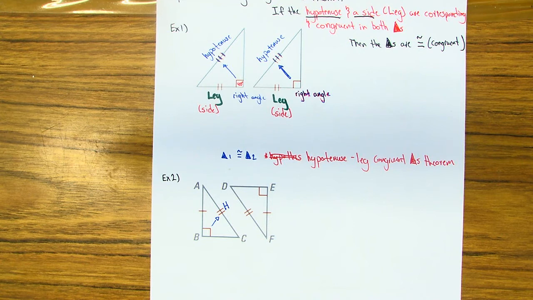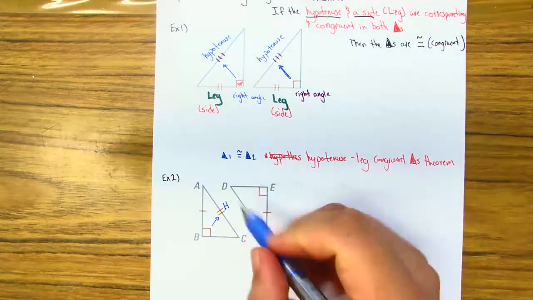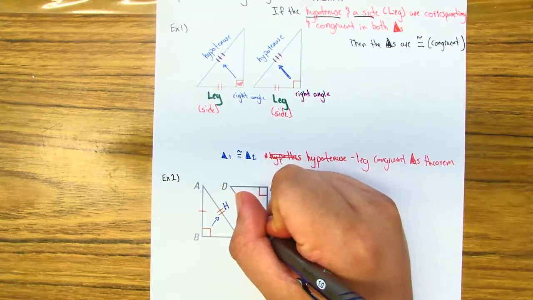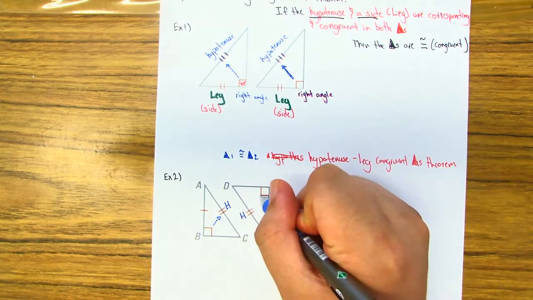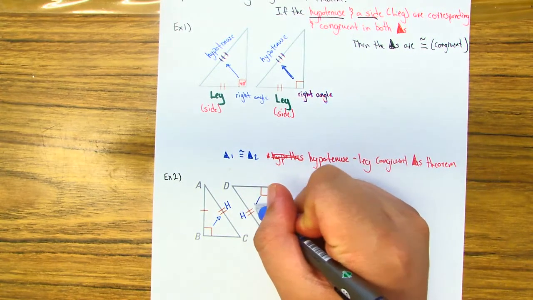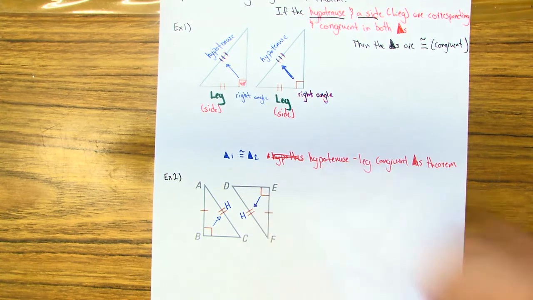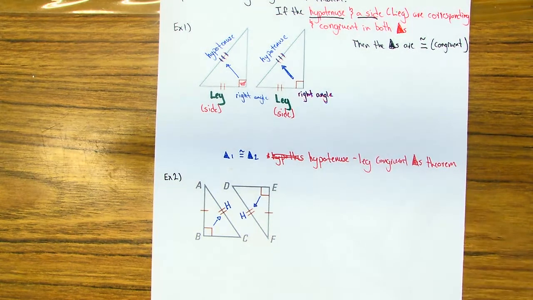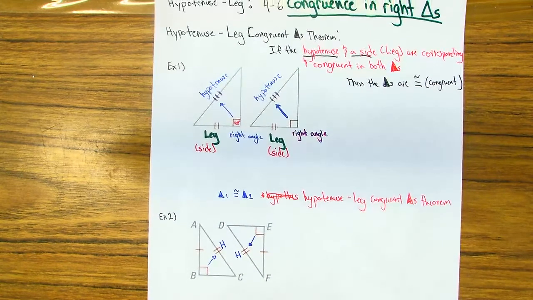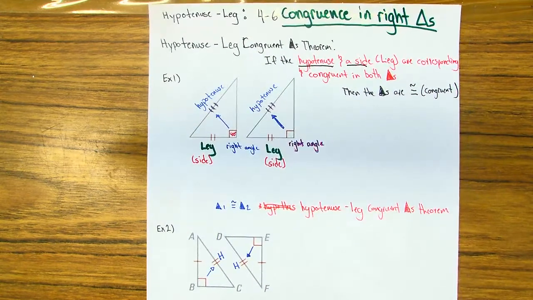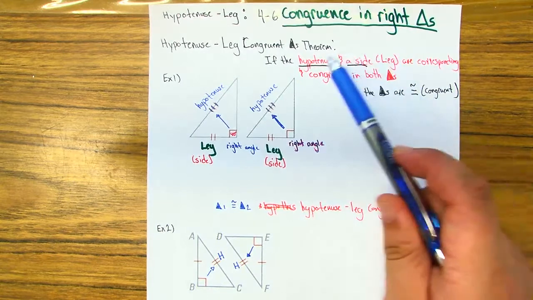Okay, we'll show the responses now. Nice response rate. I like it. Our next one here, the hypotenuse is DF. How do I know it's my hypotenuse? Because it's the opposite side of the right angle. Now we have one part of the theorem: the hypotenuse that's congruent.